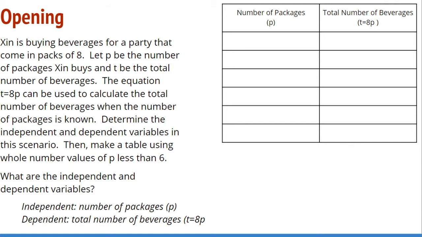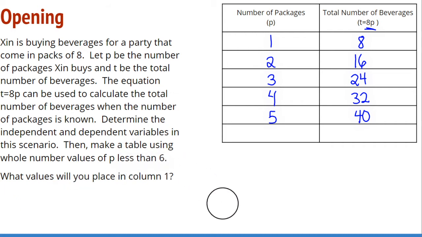And I am supposed to have packages less than 6. So that's 1, 2, 3, 4, and 5. And the total number of beverages is the number of packages multiplied by 8. So 8, 16, 24, 32, and 40.